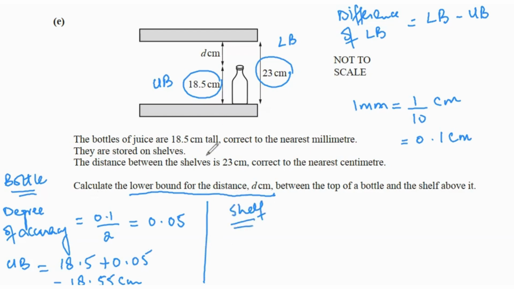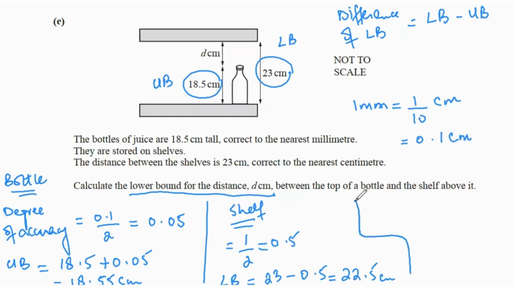We first divide the degree of accuracy by 2. Degree of accuracy over here is to the nearest centimeter. So that's going to be 1 divided by 2, which is 0.5. So over here, we try to find the lower bound. So lower bound will be 23 minus 0.5, which is 22.5 centimeters.